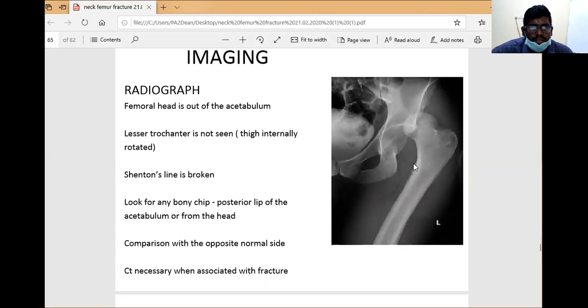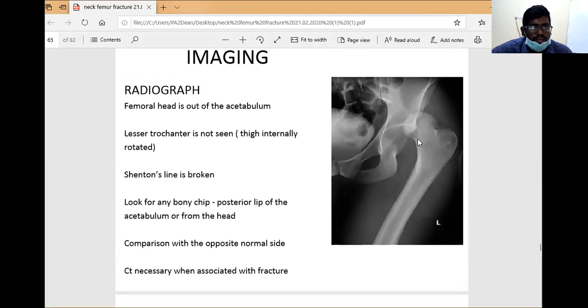In neutral position, there is mild prominence of the lesser trochanter. If it is external rotation, the lesser trochanter is very prominent. Here, the lesser trochanter is not visible. So it is internally rotated, and the limb is in adducted position, and the head is displaced posteriorly and superiorly.